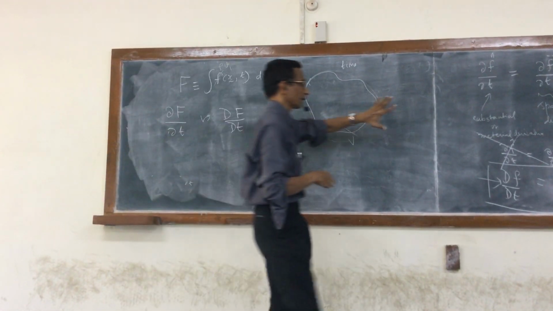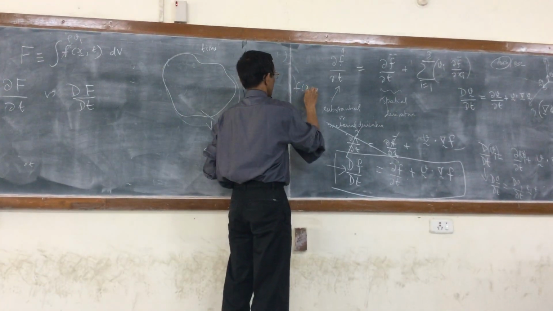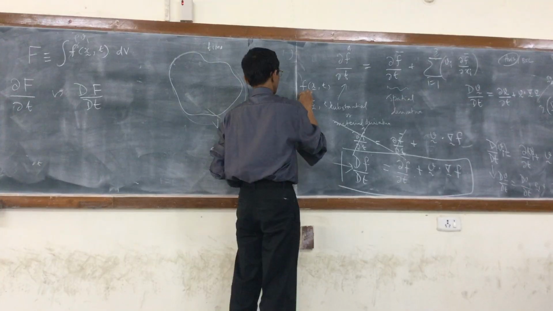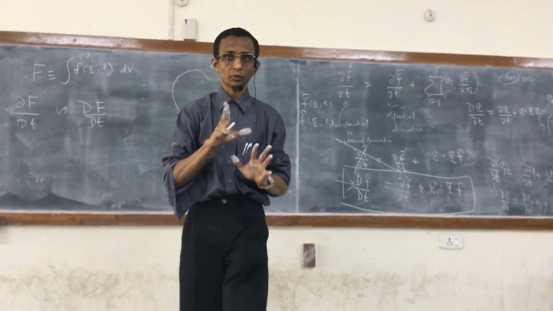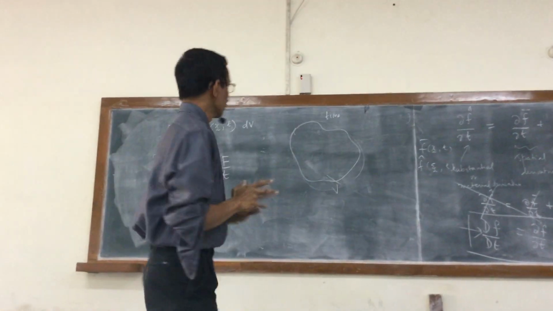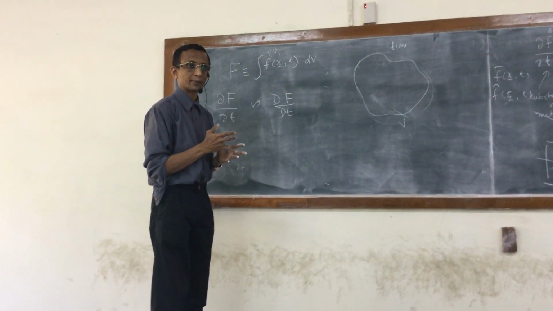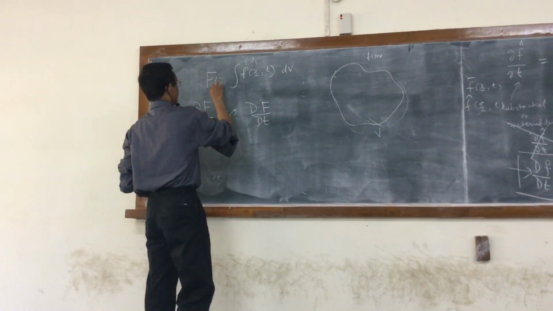There it is very clear, f is expressed as a function of x and t, very explicit. It's very easy to look at the derivatives. Here, you have to understand first what this quantity is. They are now integrated over the whole space. So this is really a function of time only.